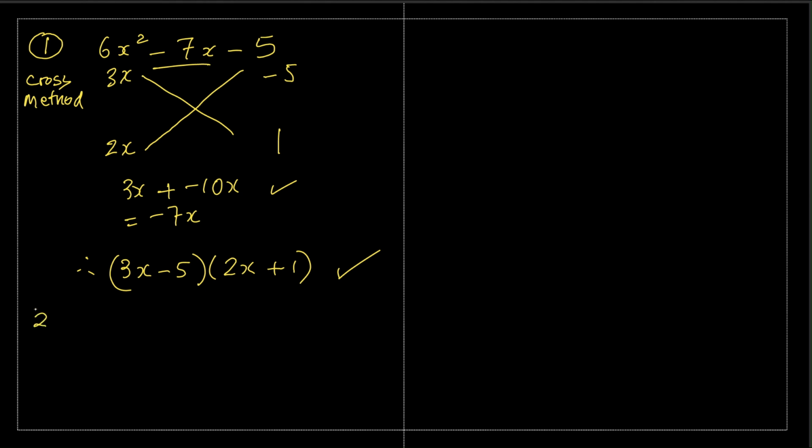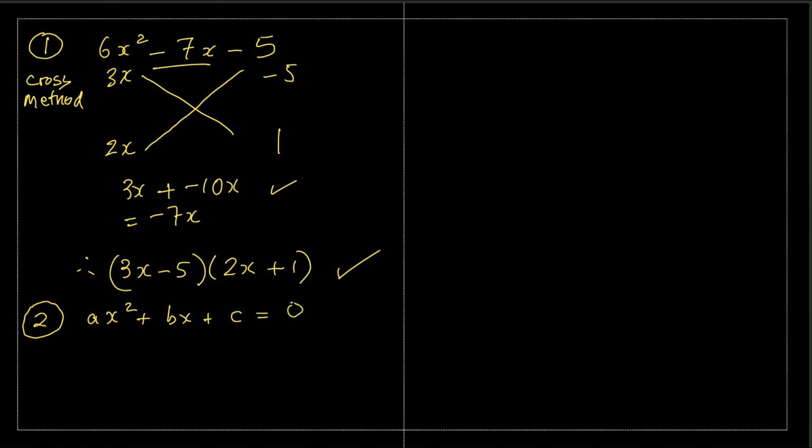Now, method 2 is if you're really not very good at the cross method and it's a bit tricky-ish, like maybe that one is, though that's not that tricky. It's got a couple of factors on the 6, but in any case, the quadratic formula is such that, let's look at the formula first, ax squared plus bx plus c.